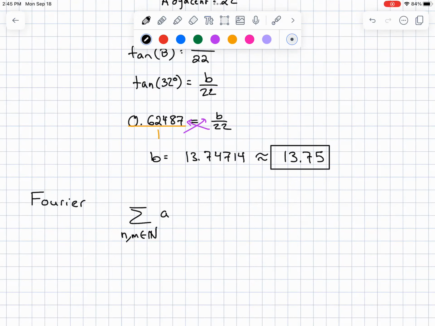Like, this isn't going to make very much sense. Sine of n pi x over L plus b sub m times cosine of m pi x over L, which looks absolutely crazy, right? What this is saying is that you can write any curve that you draw in space as an infinite sum of sines and cosines, which is miraculous and might seem really stupid at first. Absolutely, I completely agree.